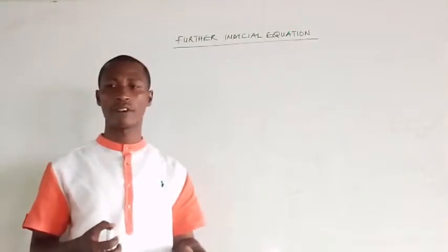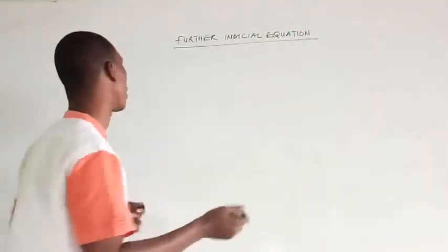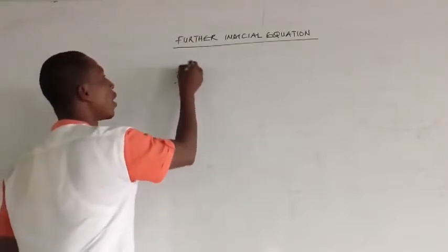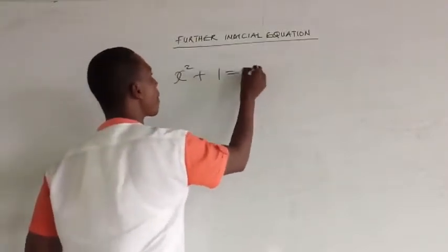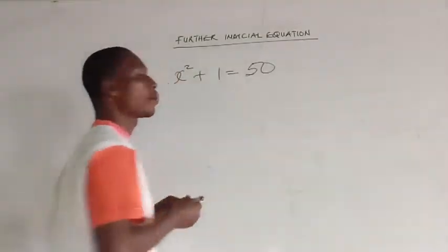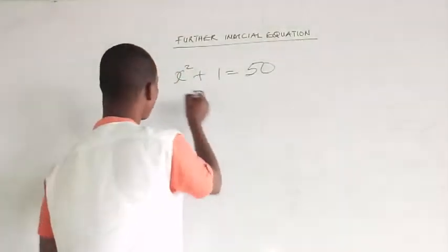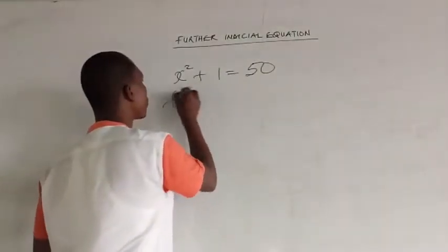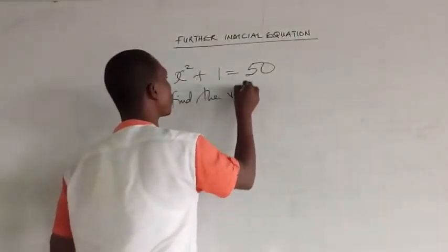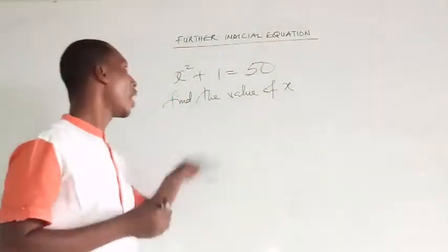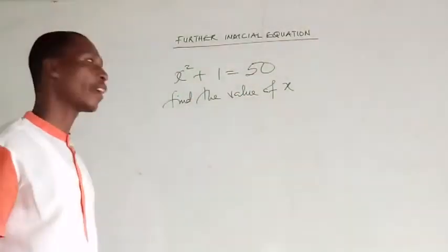So we have a relation like x squared plus 1 is equal to 50. Find the value of x. X squared plus 1 is equal to 50. Find the value of x.